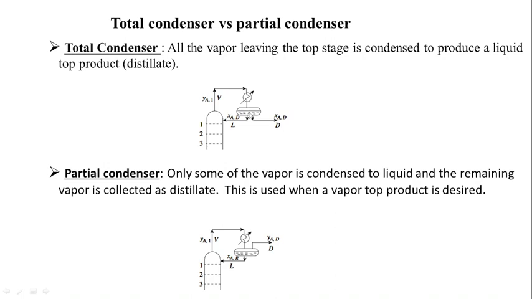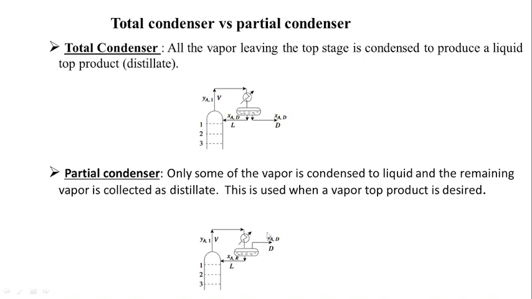Only the part required for reflux is recycled back, and most of the product is drawn in liquid state. But in a partial condenser, the overhead product is only partially condensed to the accumulator and drawn as vapor. If we desire vapor as top product, then we will use a partial condenser.